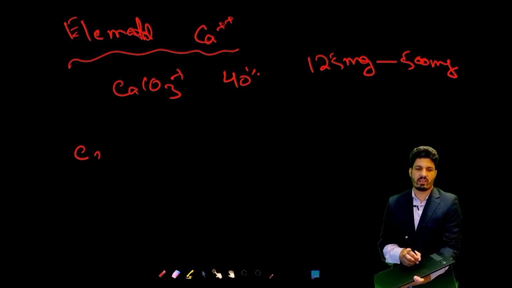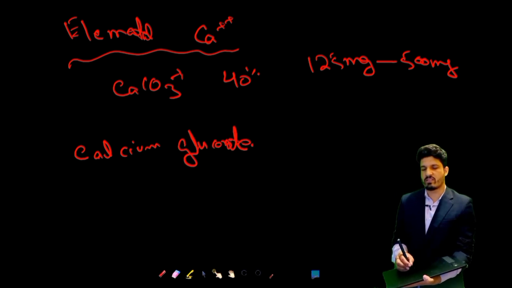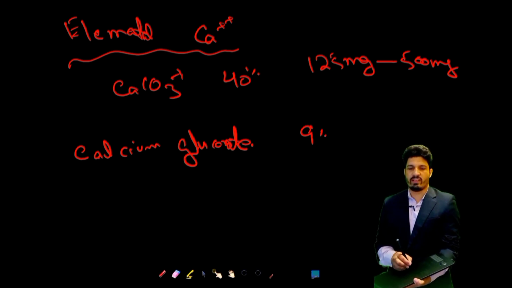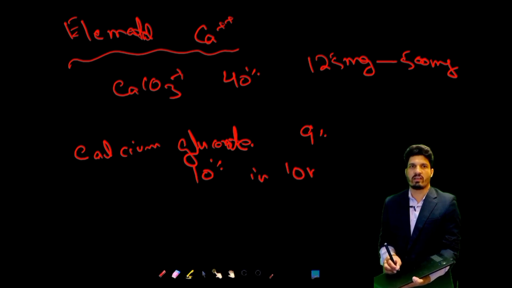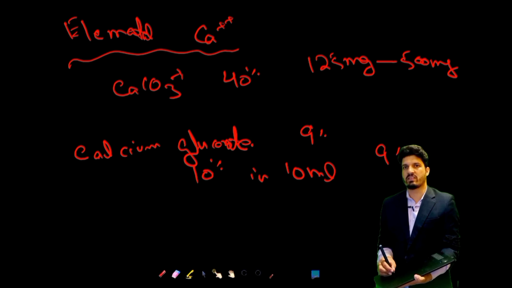In case of calcium gluconate, its value is 9%. It's present as 10% in 10 ml, so 9% means 1 gram is equal to 90 milligram.